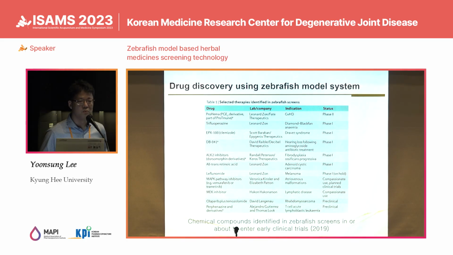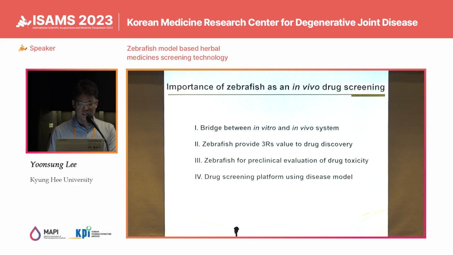So many more candidates have been found from this screening work, and people are developing these drug candidates for further usage. That means using this fish model system is not just an idea or a fantasy for now.